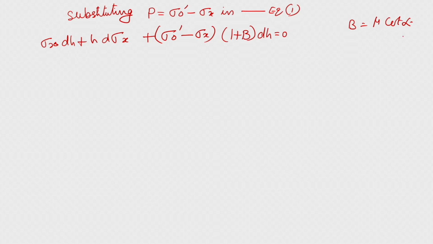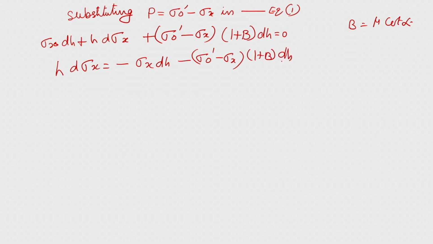Because this is a constant, you can always take that as b. From this we can say h d sigma x is equal to minus sigma x dh minus sigma 0 dash sigma x into 1 plus b dh.